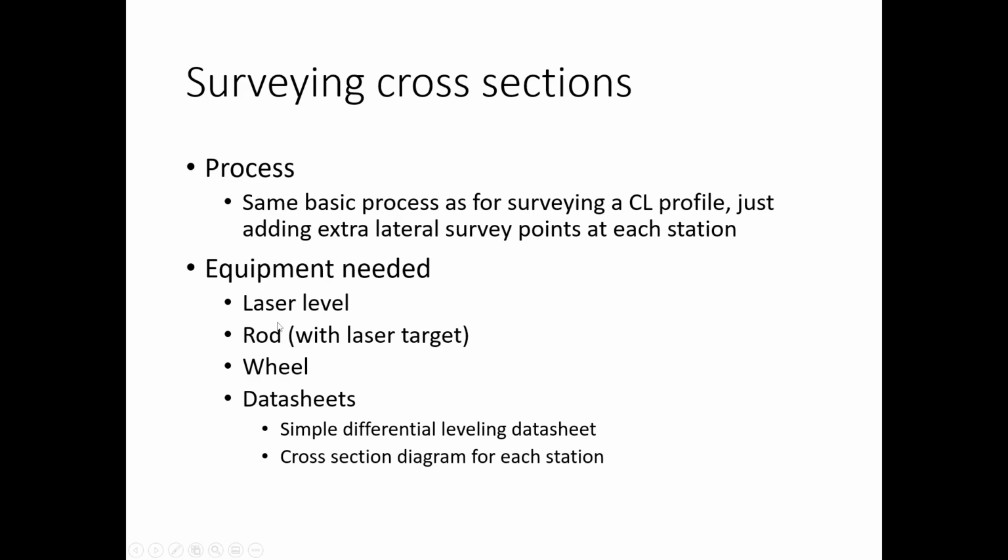Again, basically the same equipment. We have our laser level, rod with laser target, wheel, and data sheets. But this time we'll need an extra data sheet in addition to the basic differential leveling data sheet, which makes it easier to just mark points. And so we just have a cross-section diagram for each station.